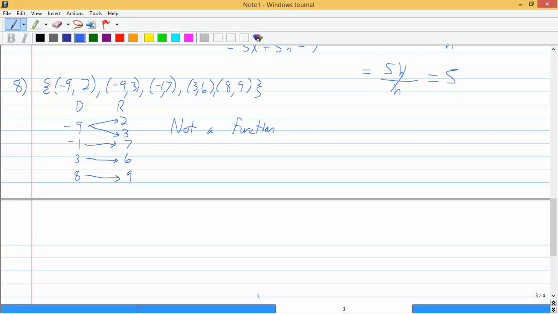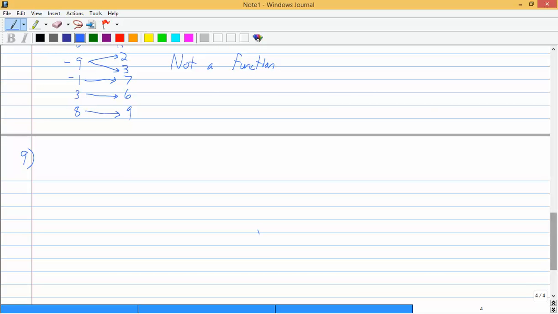Number 9 says use the graph to determine the function's domain and range. You need to look at your graph on this one because I definitely can't draw a graph that pretty. Remember that the domain is all the x values. I'm just going to do a super rough sketch of this graph. It looks something like this. I'm not even going to put numbers here.